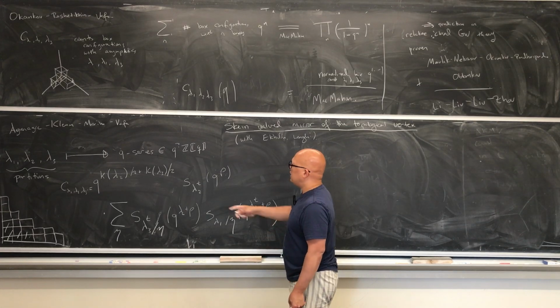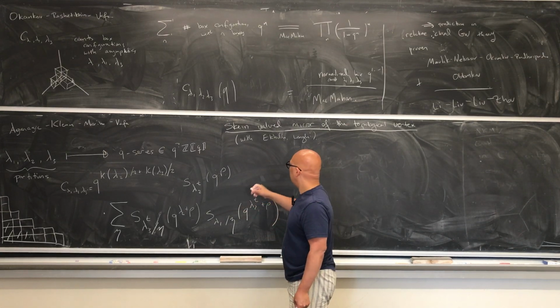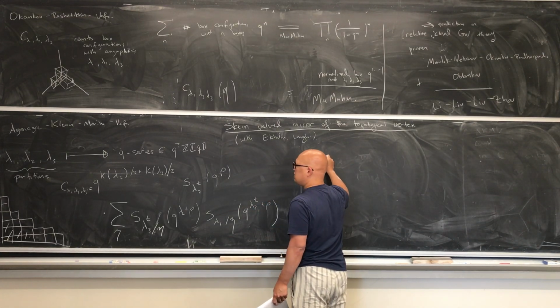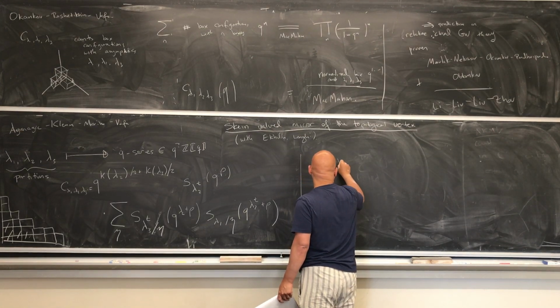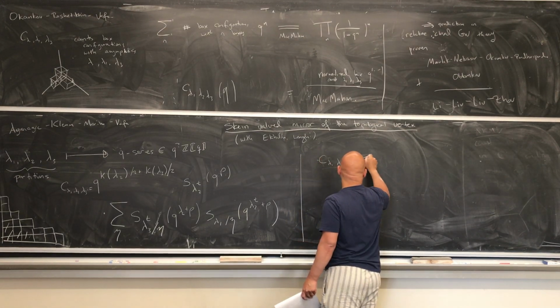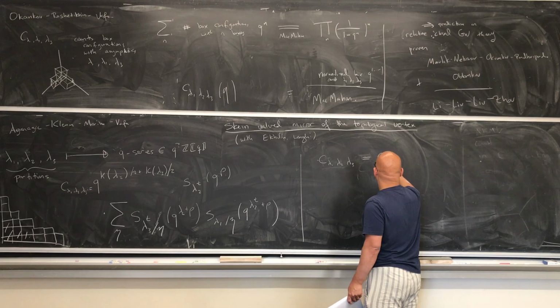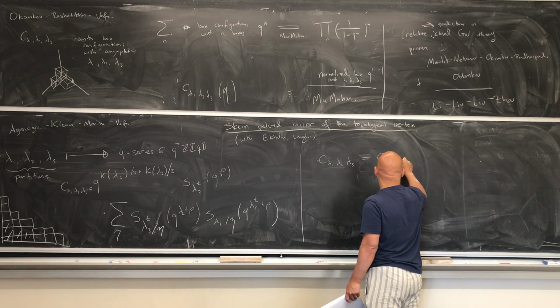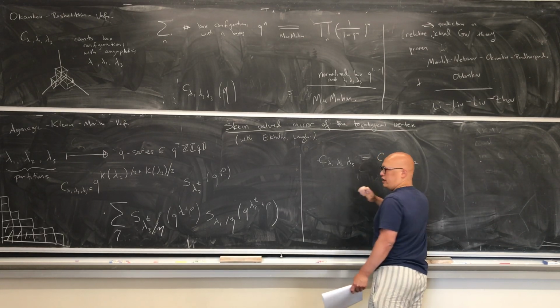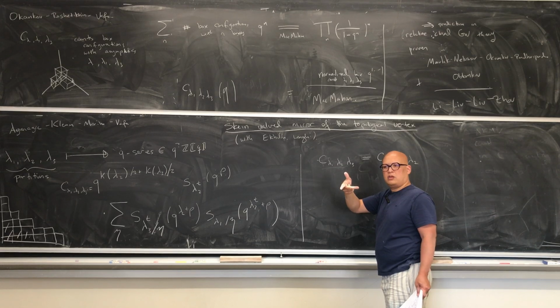But the statement that it's this kind of box counting implies, for this C of lambda 1, lambda 2, lambda 3, a cyclic symmetry, by kind of rotating the room.